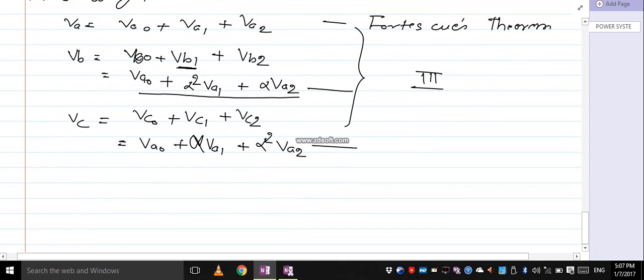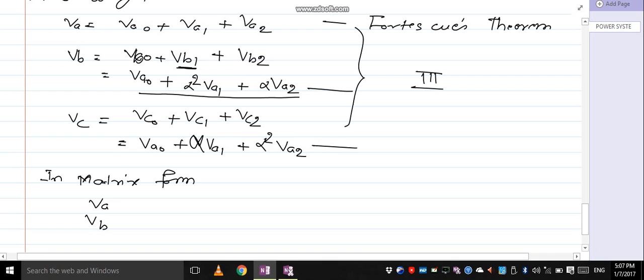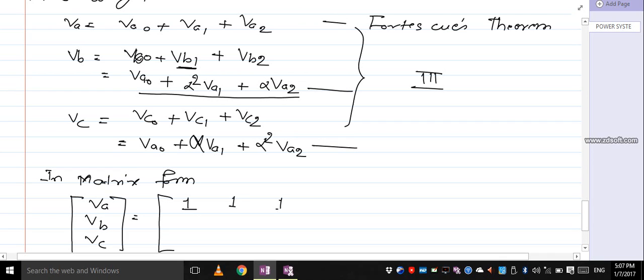Or in matrix form we can also write these three equations: VA, VB and VC is equal to the matrix with first row 1, 1, 1, multiplied by VA0, VA1, VA2.